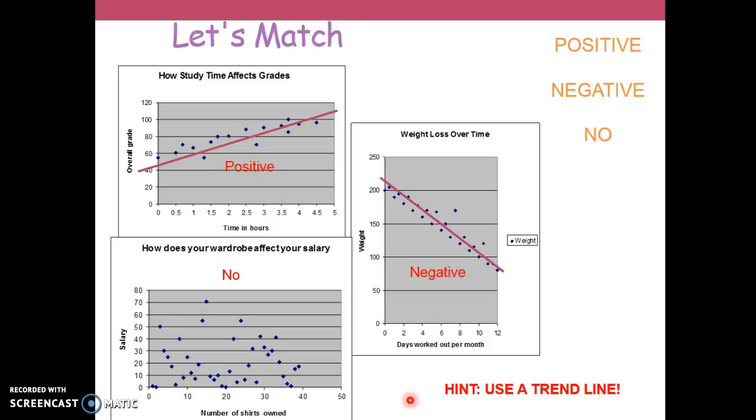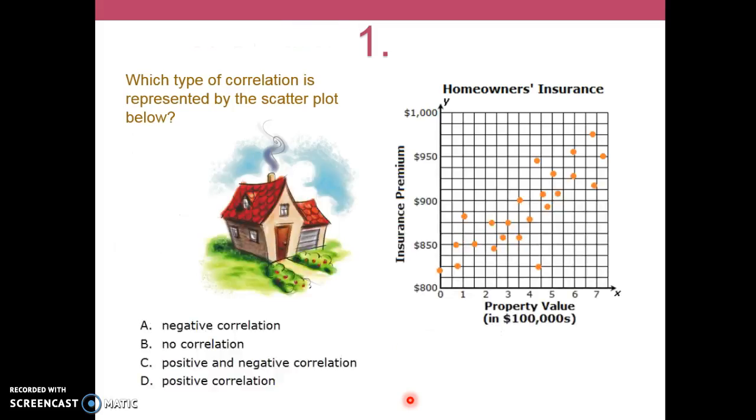So using a trend line, or we're going to call them pretty soon the line of best fit, and you'll see why in a few minutes, helps us to identify which ones are positive, negative, or even no correlation. So before we move on, take a look at this one. It's a little bit scattered, but you can figure it out.